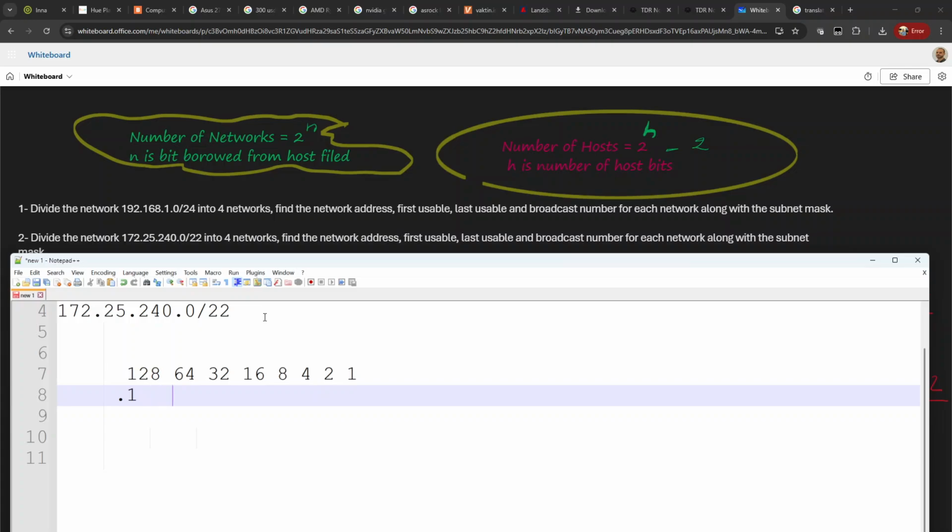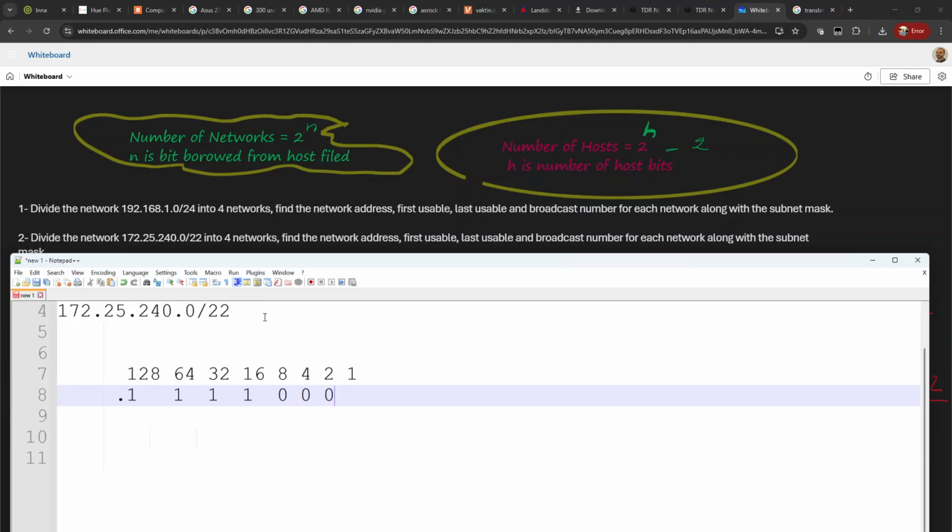Yes. Is there 64? Yes. Is there 32? Yes. So 128 plus 64 is 192, plus 32 is 224, plus 16 is 240, exactly 240, and the rest are all zeros.